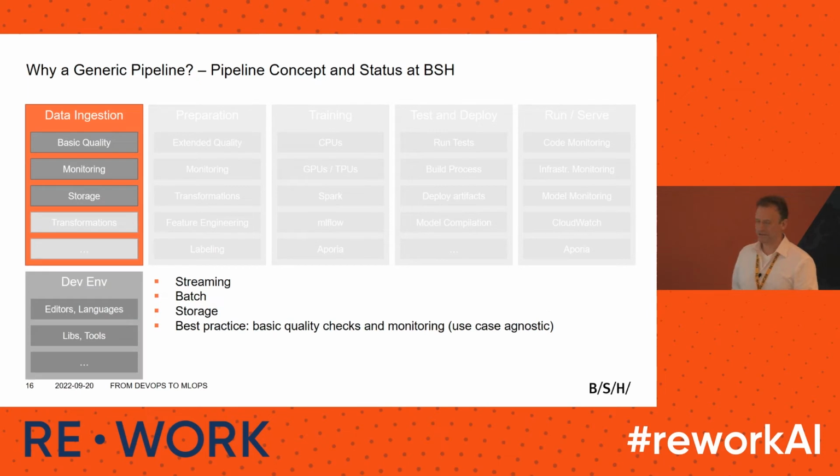So let's start with the first stage. Of course, you need to have some data ingestion. Here we have several components to tackle several requirements like traditional batch, also streaming, and also doing some intermediate storage already. And the best practice we understood after a while is also already in this early stage doing some basic quality checks.